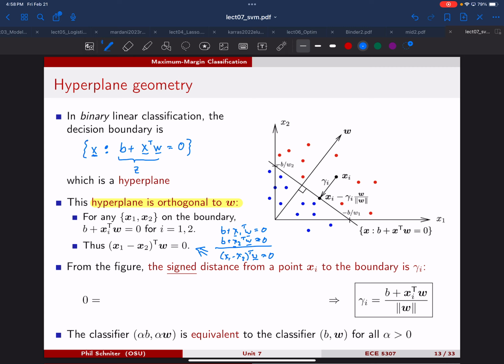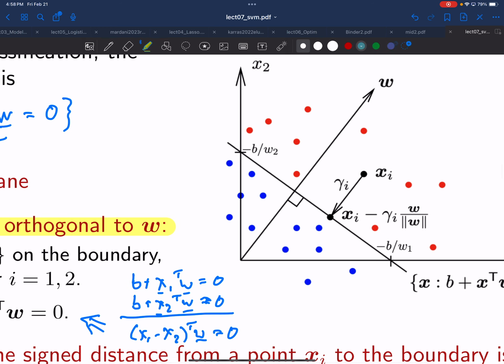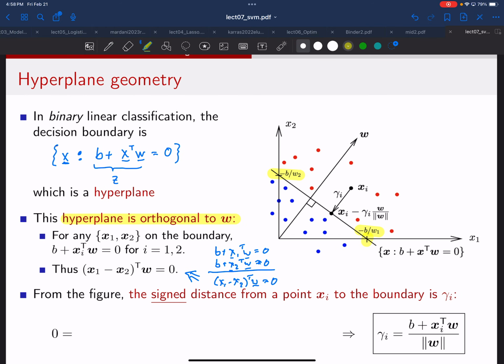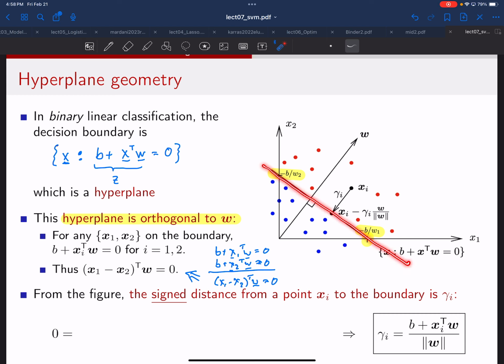Okay, so that's another important thing. Let's look at the intercepts. This is another important thing. In fact, if in a homework problem or an exam problem I gave you a picture like this, and I asked what coefficients b and w1, w2 describe that boundary, here's an easy way to do it.